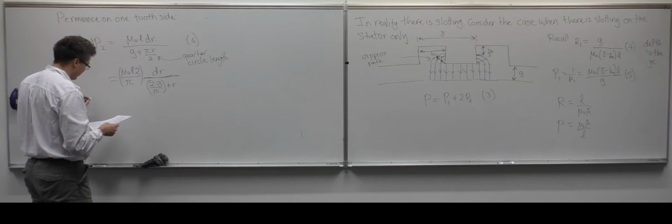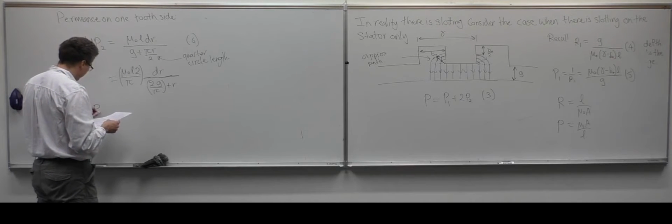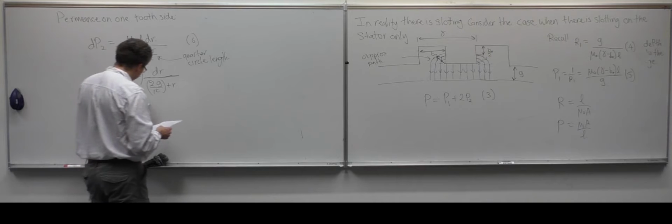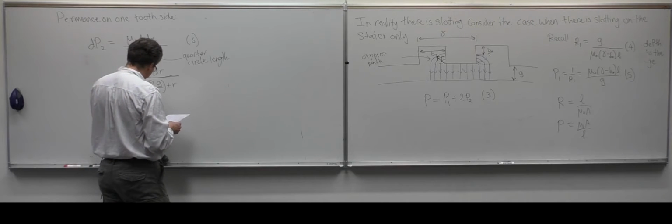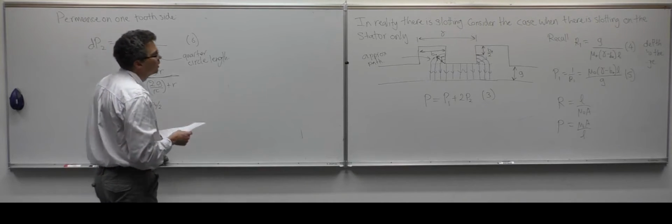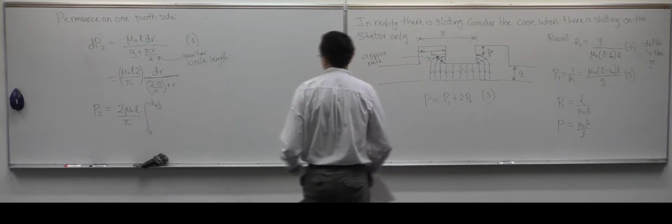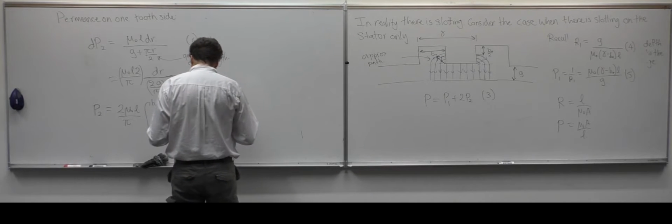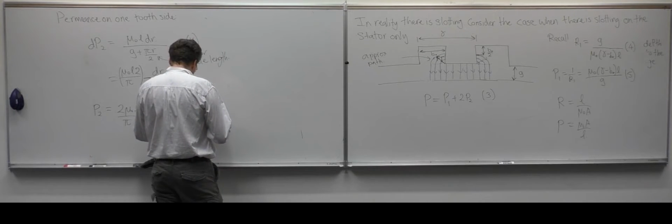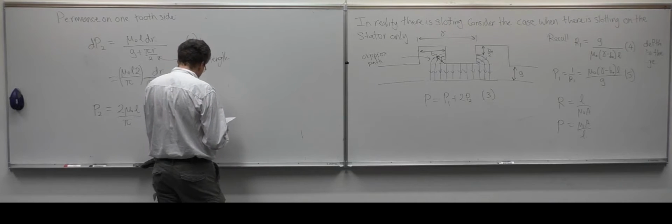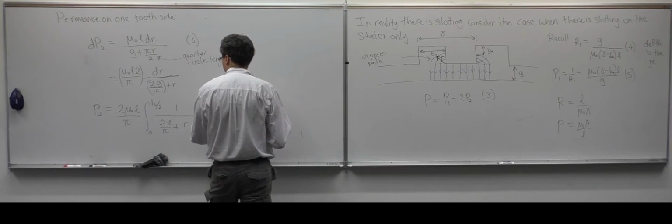Okay, so then I'll integrate this. P2 is equal to 2 mu naught L divided by pi. Then we integrate from 0 to b naught over 2. Why b naught over 2? Because that's half of this distance, which is the limit of the radius. So we have 1 divided by 2g over pi plus r dr, and I'll call that equation 7.